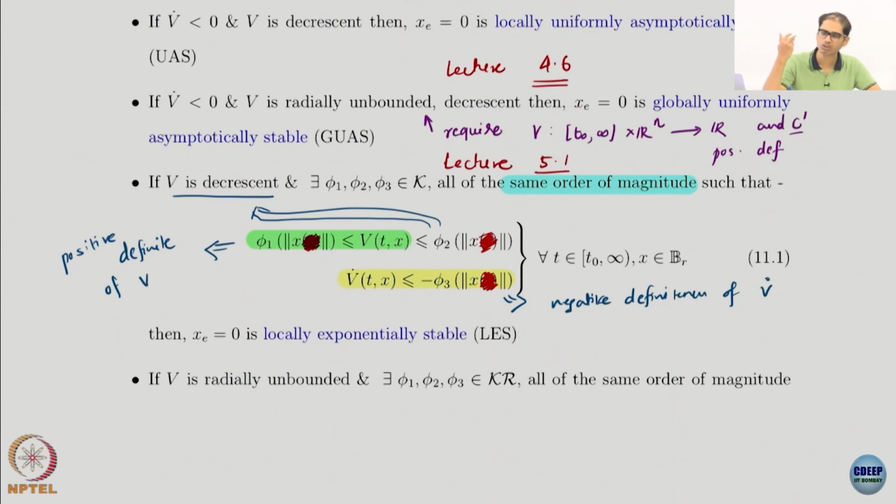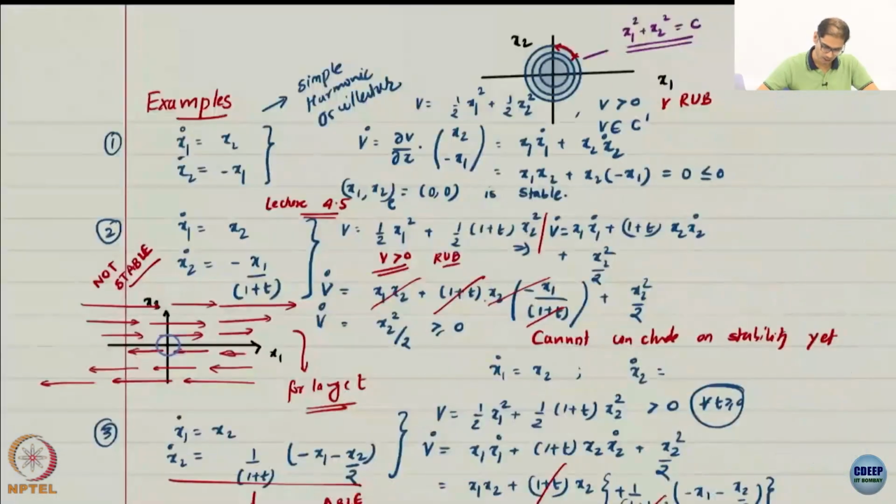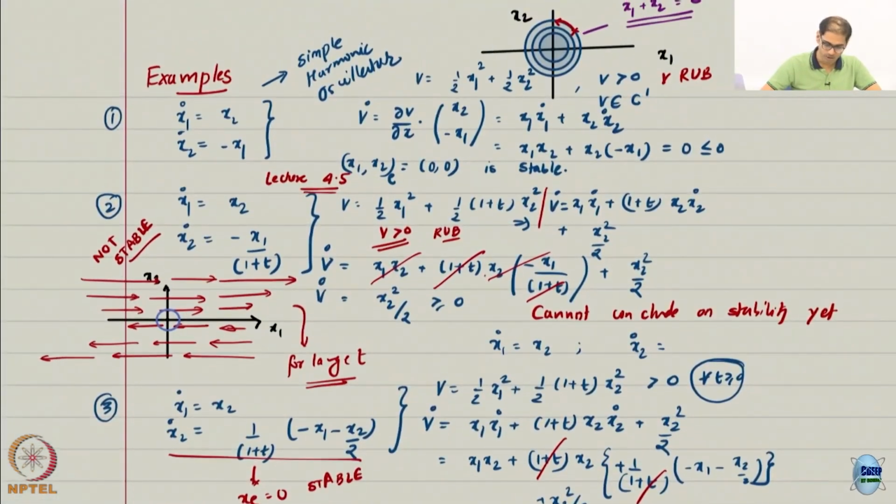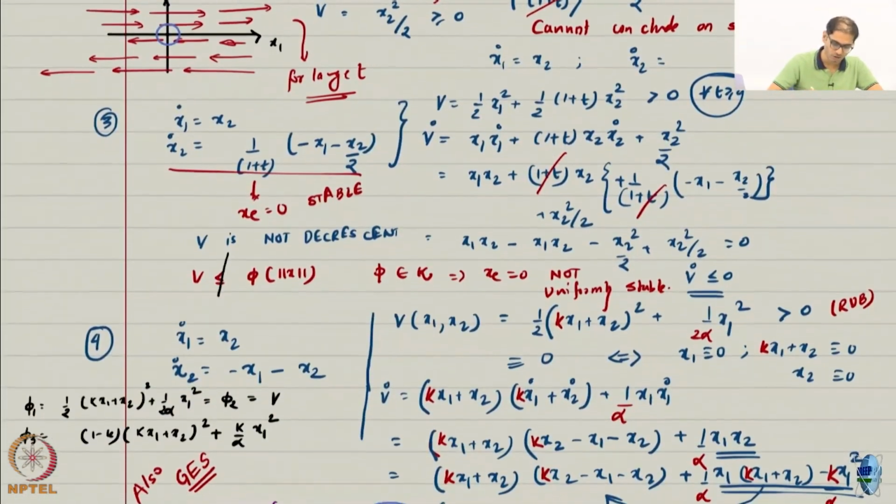It's almost something you memorize. Similarly, for linear time invariant systems, asymptotic stability and exponential stability are the same, because I can actually solve them, and as you have seen in the examples, the rates of convergence are always exponential.